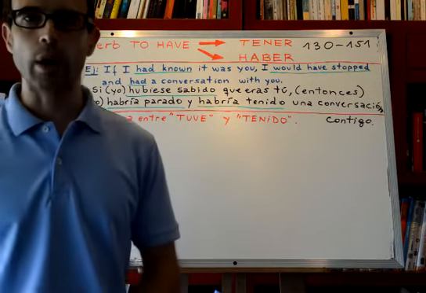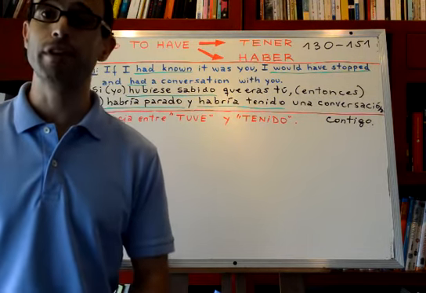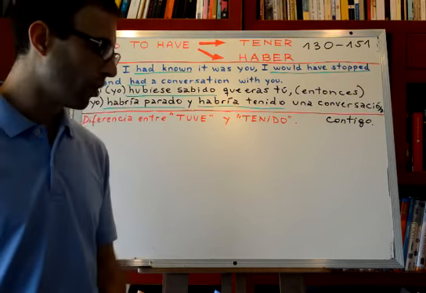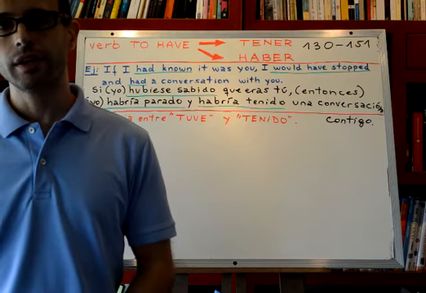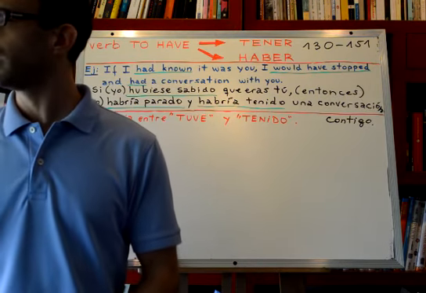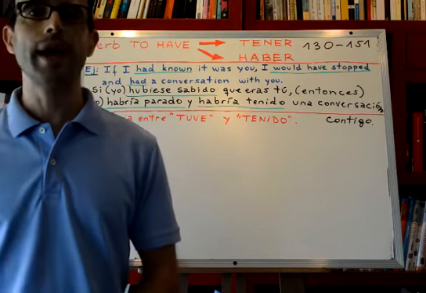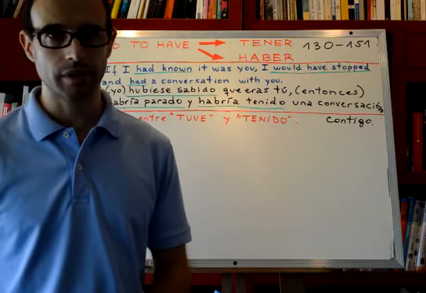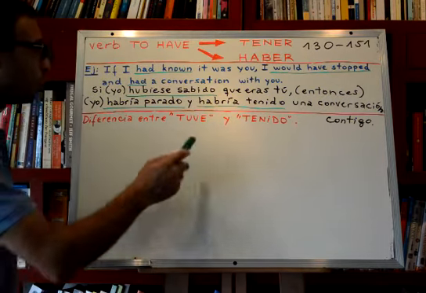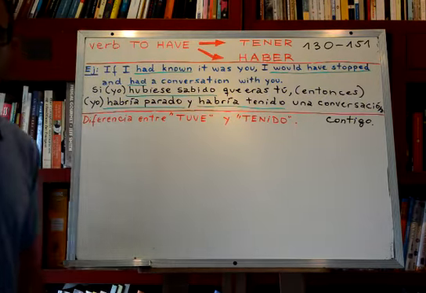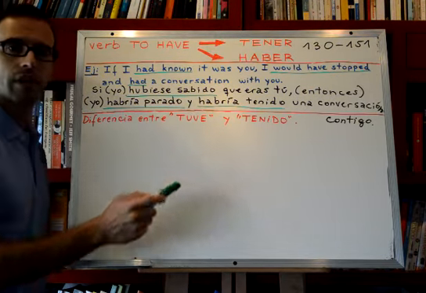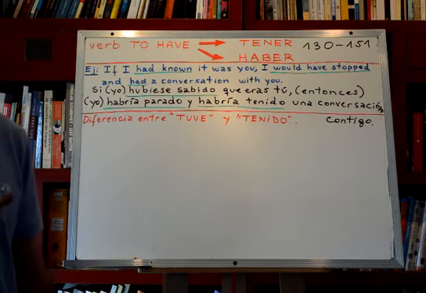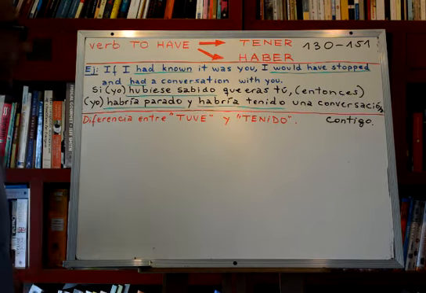Yo tuve un auto muy rápido. I had a very fast car. Or yo tuve que ir al banco. I had to go to the bank, okay? So tuve means to have, conjugated in the simple past and for person I, for the first person of the singular.